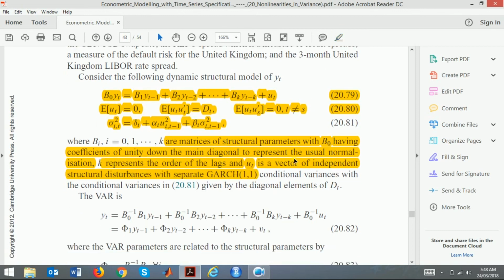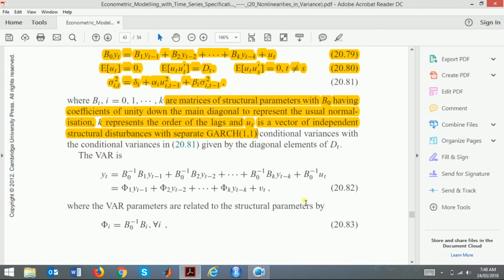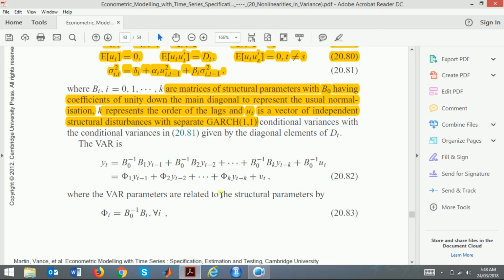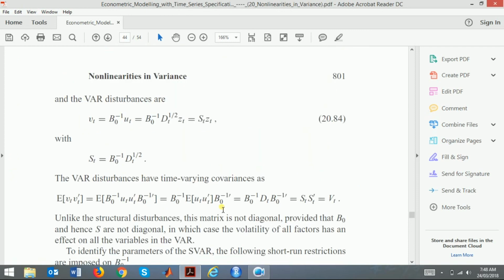Each has a GARCH conditional variance, with conditional variances given by the diagonal elements D. The VAR is this; we are familiar with VAR. The VAR parameters related to the structural parameters are this: beta naught inverse beta i for all i.